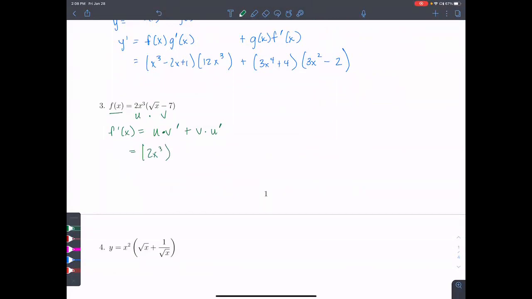The second function we want to take the derivative of. This v is going to be x to the 1/2 minus 7. So exponent down front, decrease it by 1. And then minus 0. 1/2 minus 1 would be negative 1/2.